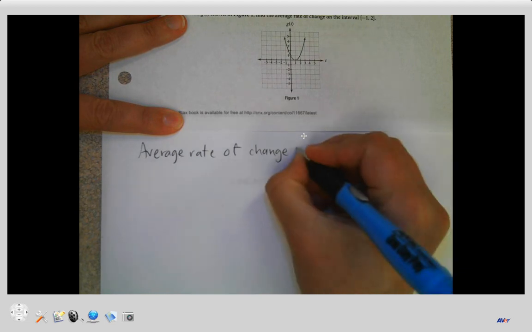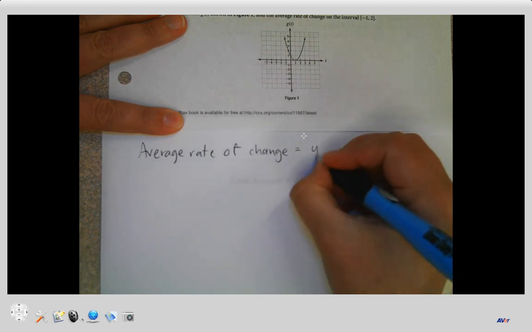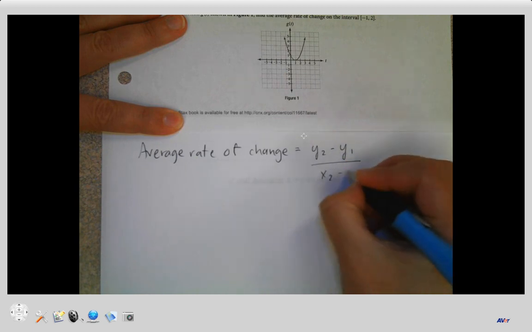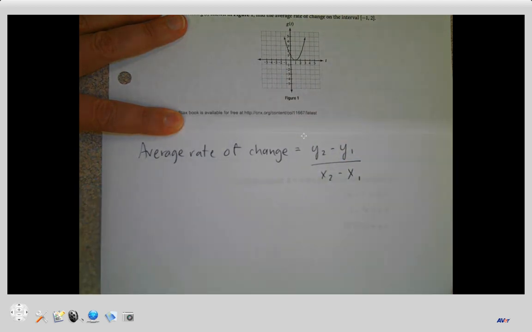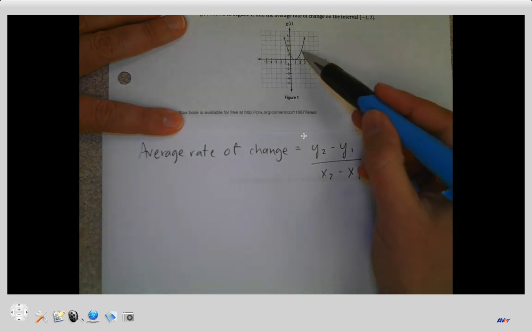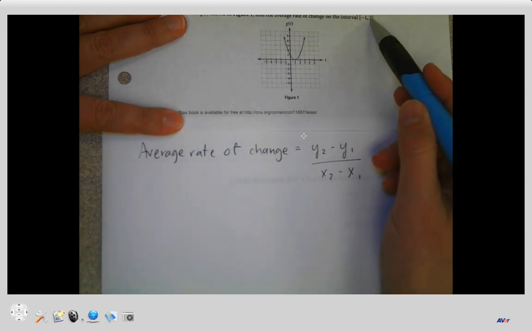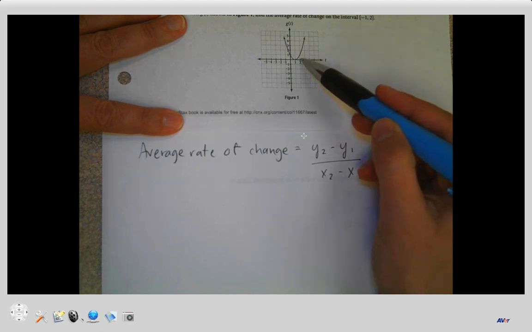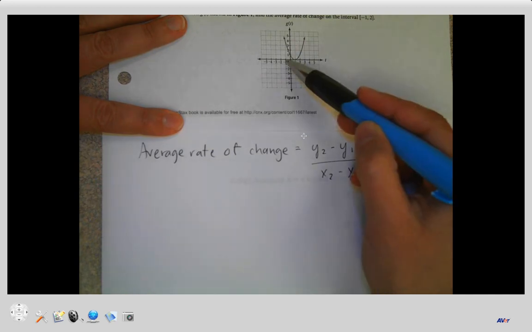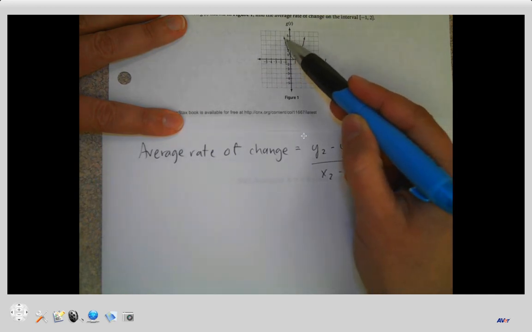I think I'm going to write this as y2 minus y1 over x2 minus x1. Okay, so what are our x and y values? Well, at 2, our x value is 2 and our y value is 1. And at -1, our x value is -1 and our y value is 4.